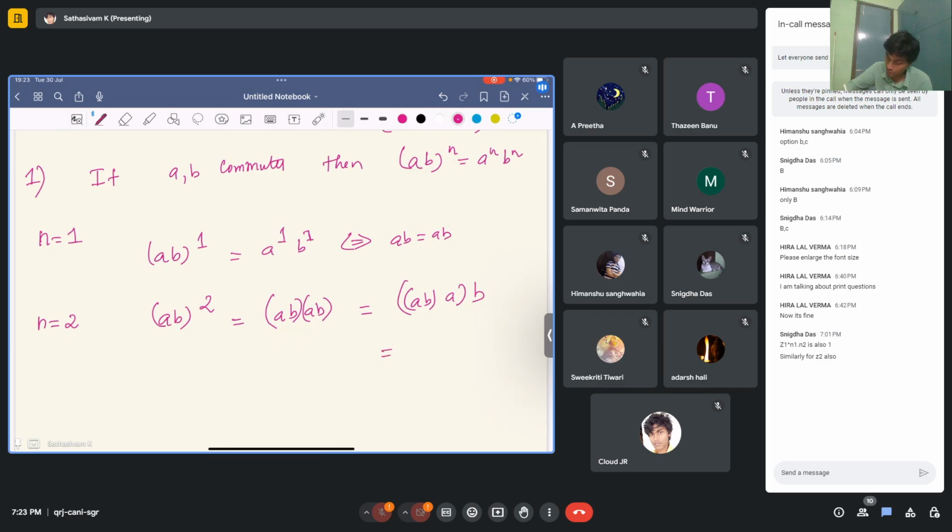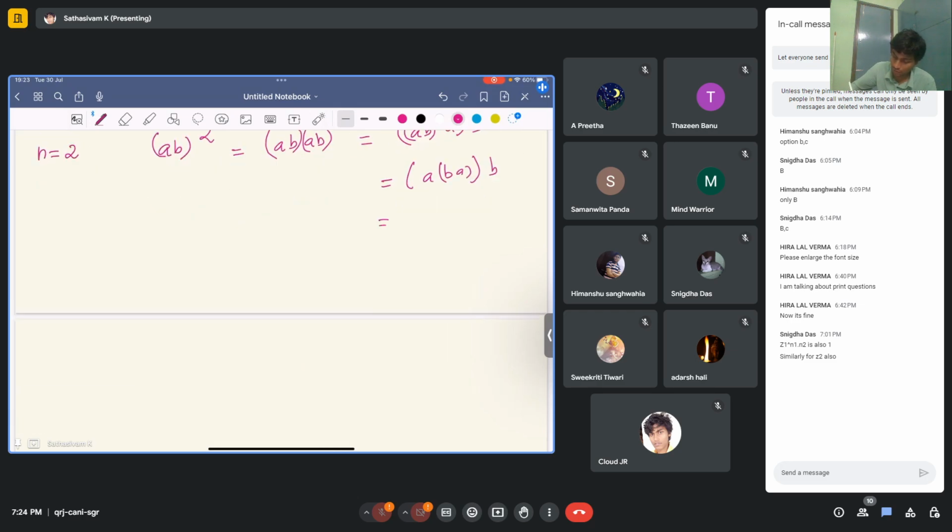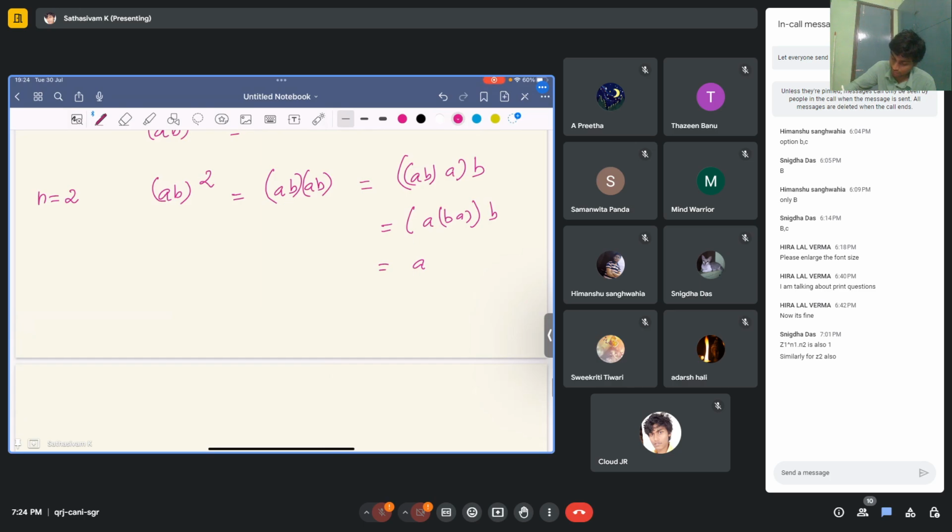Again you change the bracket: a, ba, b. So this is nothing but a, ba, b. Now a and b commute, so this element ba you can change into ab. So a, ab, b.